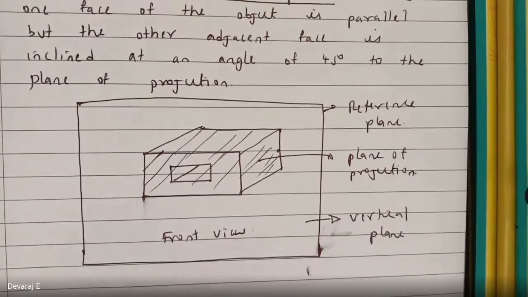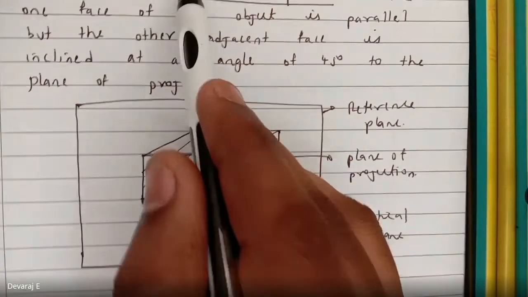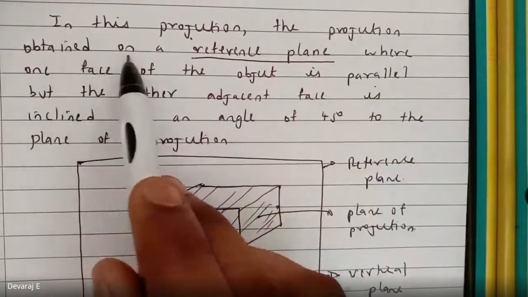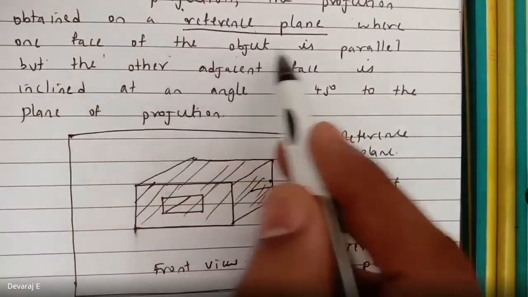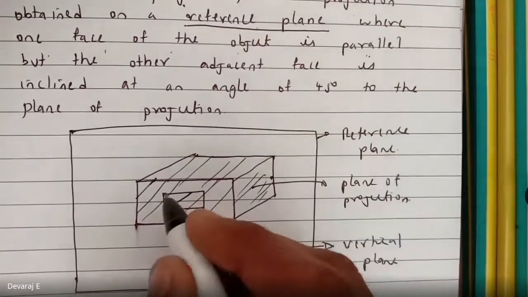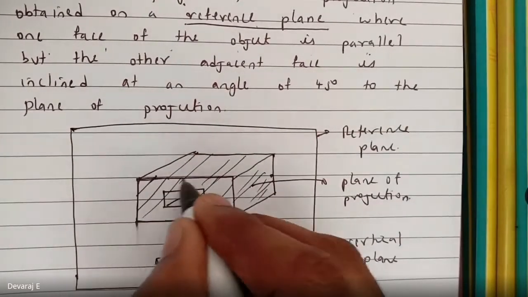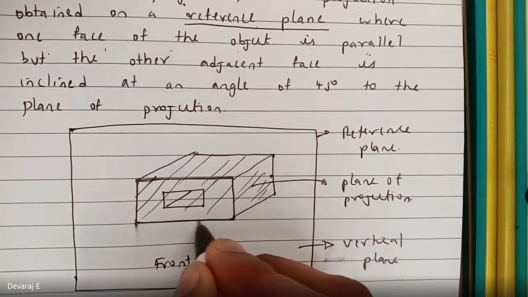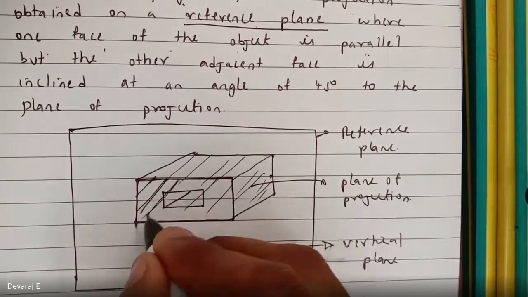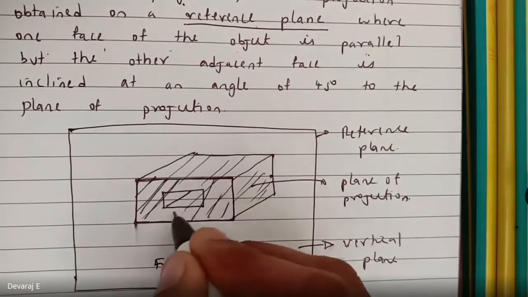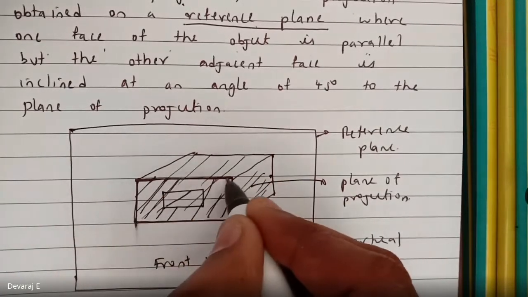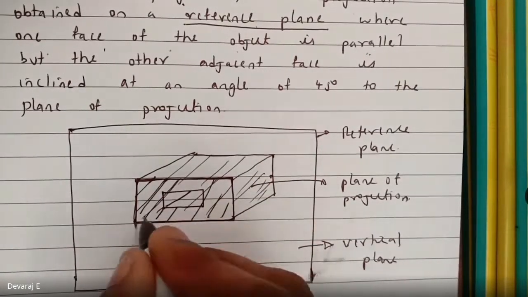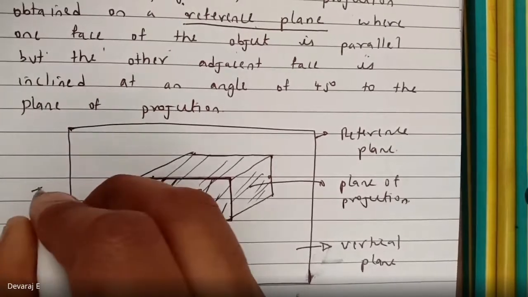In this projection, the projection obtained on the reference plane, where one face of the object is parallel, that means this face you will get the true shape of the object.